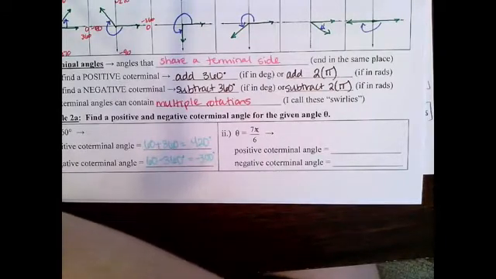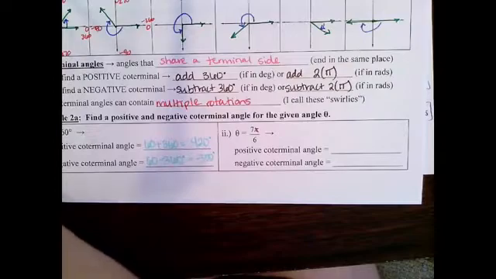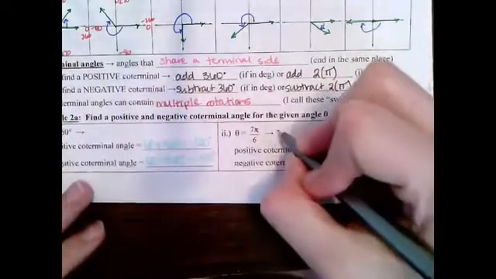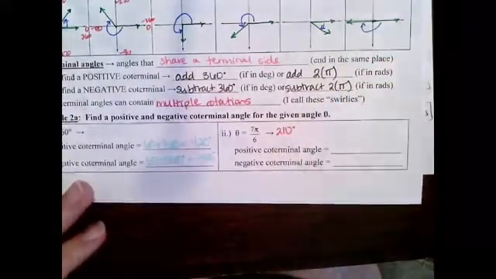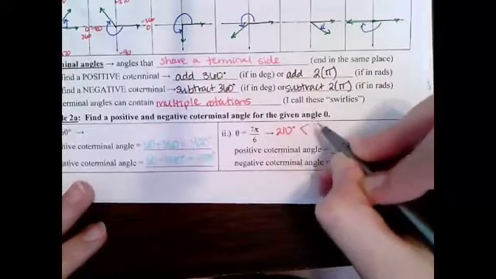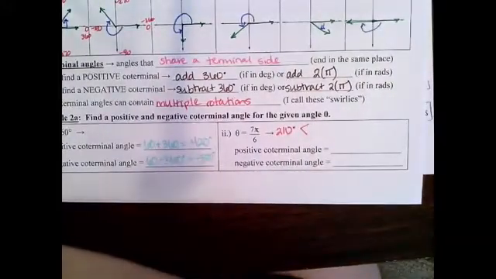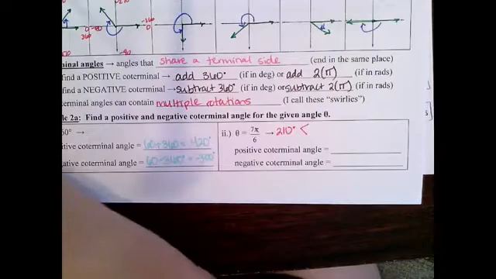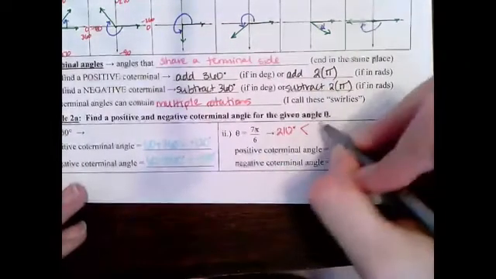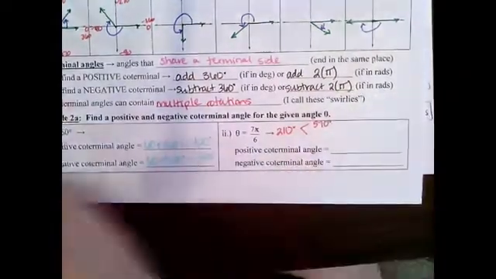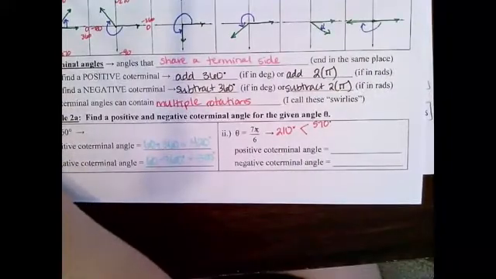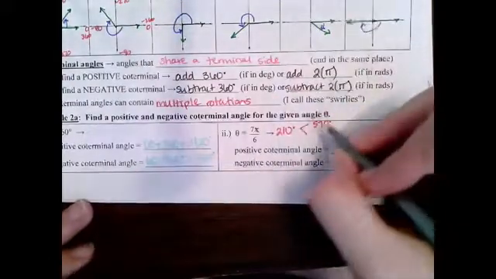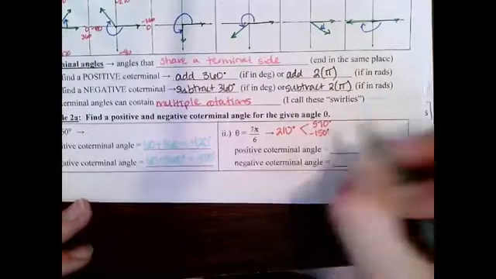So I'm going to do that really quick. And we get 210 degrees. So this would essentially branch off if I add 210 plus 360, I get 570. And if I do 210 minus 360, I get negative 150 degrees.